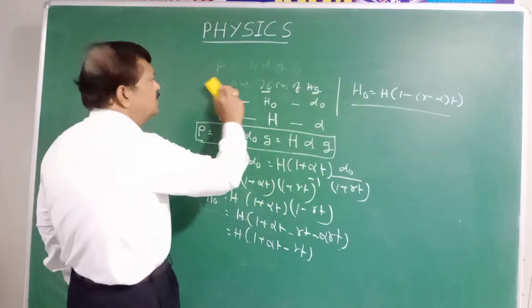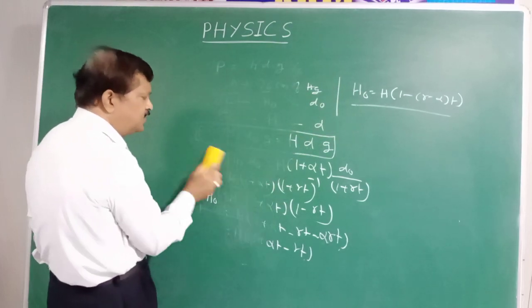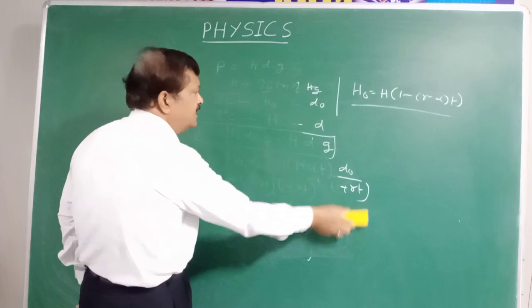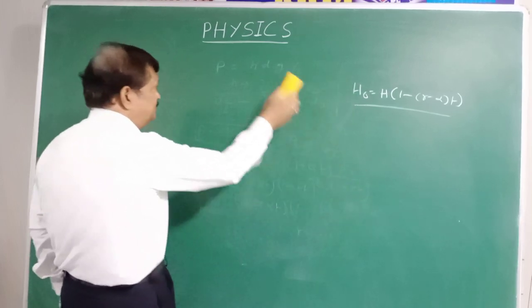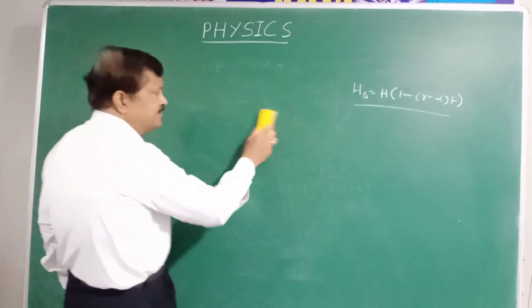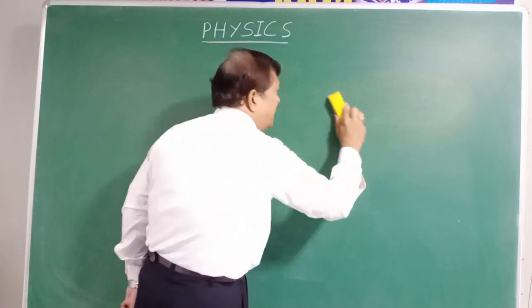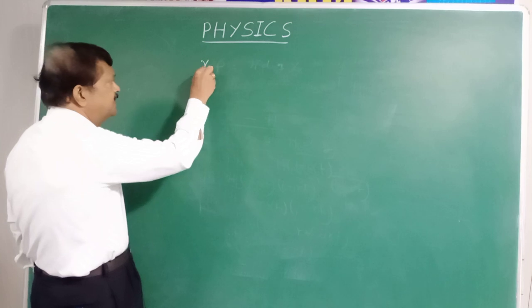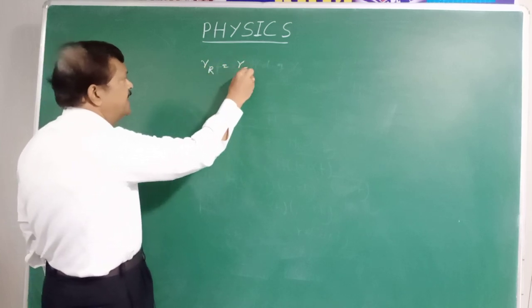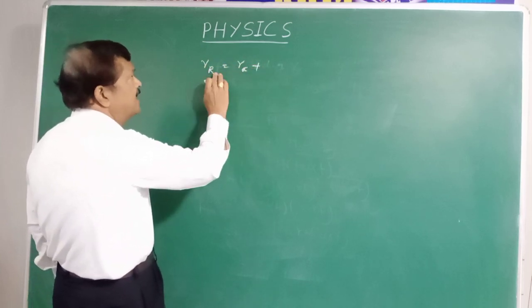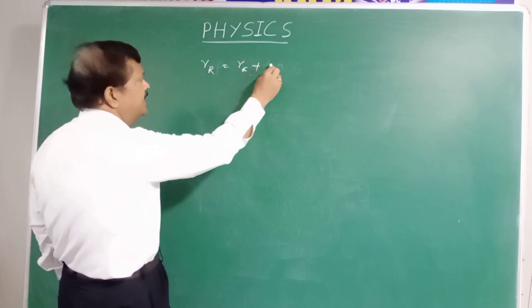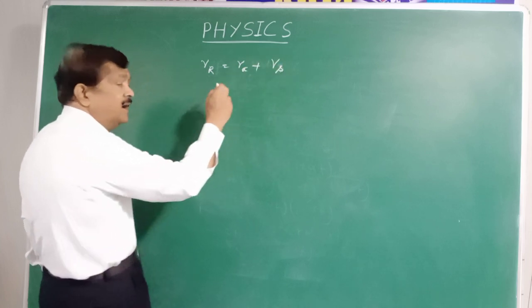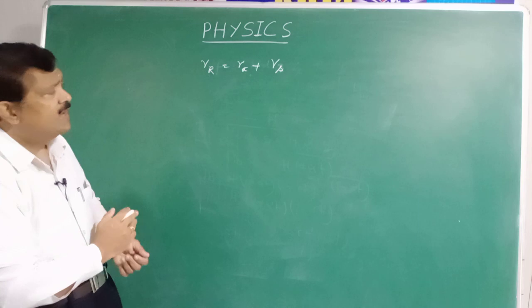Now let us move on to some numericals related to the expansion of liquids, using the equation we have studied so far, the relation between coefficient of real expansion and apparent expansion: gamma R equals gamma apparent plus gamma of the solid or gamma of the container.